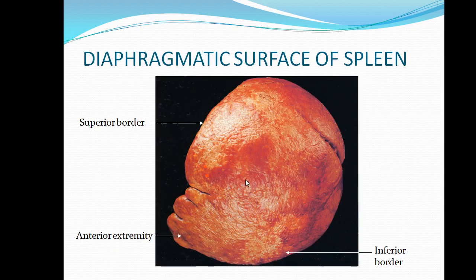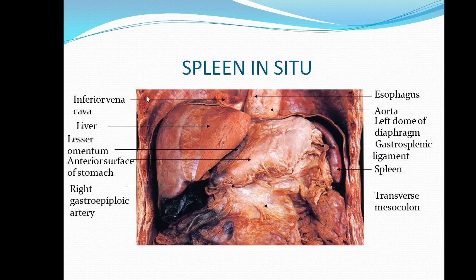From the hilum, the peritoneum reflects onto the stomach as gastrosplenic ligament and onto the anterior surface of the left kidney as lienorenal ligament.